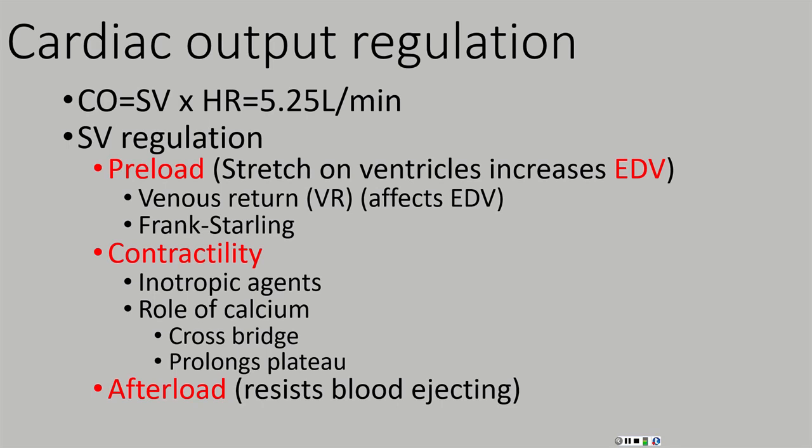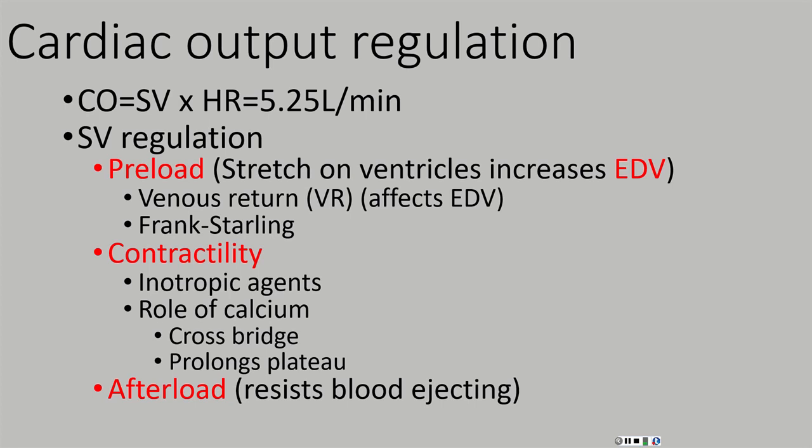So we've already said that cardiac output is stroke volume times heart rate. And now we've seen one way we can regulate cardiac output is by regulating heart rate. And the other way that we can regulate cardiac output is by regulating stroke volume. Stroke volume, remember, is the volume of blood ejected from one ventricle in one beat.